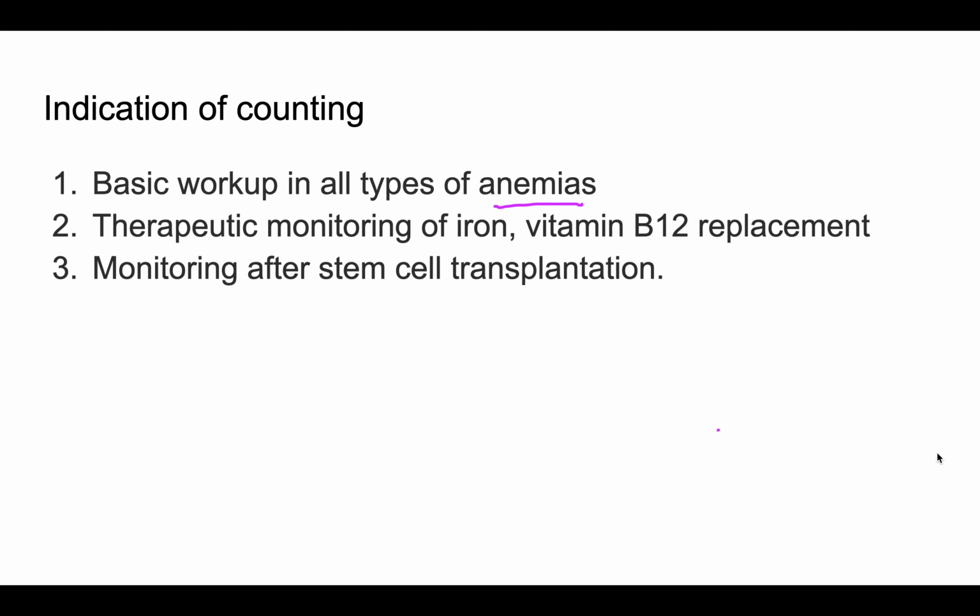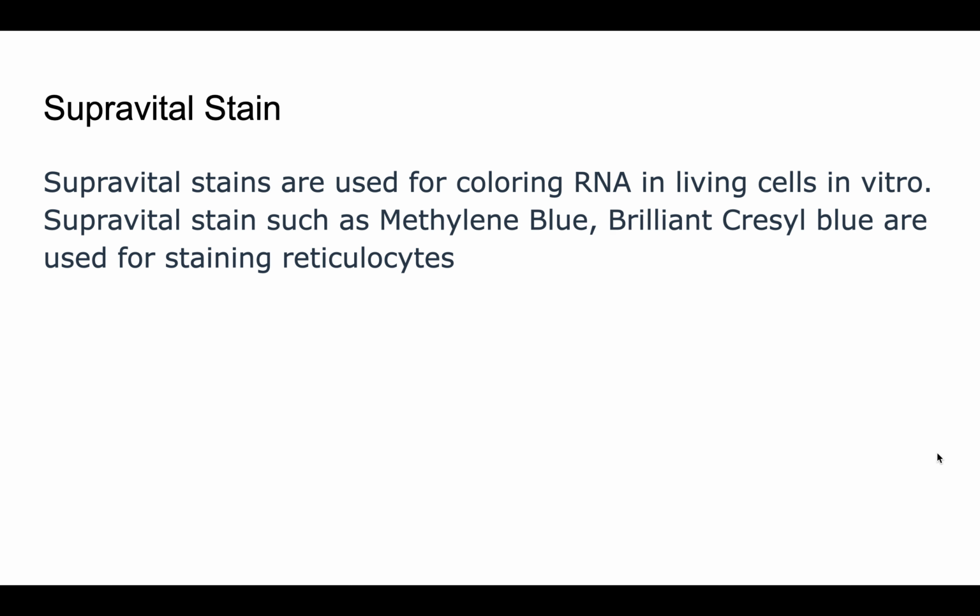It is also used to monitor treatment: if a patient with anemia has been given iron or vitamin B12 and the retic count is increasing, that means the bone marrow is responding to the treatment, and therefore the patient is responding. The reticulocyte count is done within a week of iron or vitamin B12 replacement, and also for monitoring after transplantation like stem cell transplantation. So it is a basic test mainly in all types of anemias.